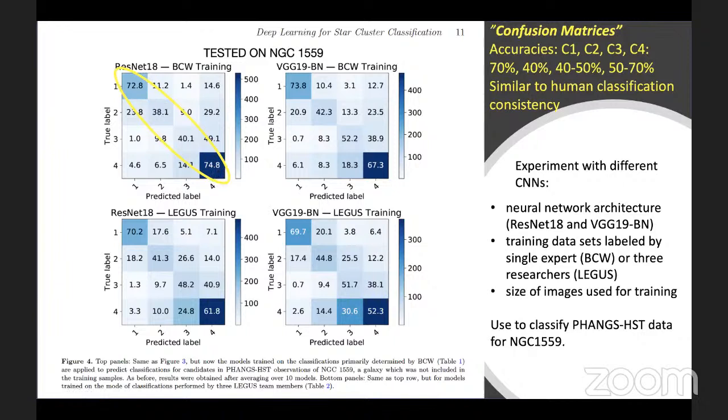The punchline here is that we can predict the classifications to the class 1 symmetric single peak clusters with the highest accuracy, about 70%, with the remaining classes at about 40 to 50%, up to 70% levels for the artifacts. And now while these accuracies may seem low, they're actually similar to the consistency in human classifications. So in principle, we can use them, but with great care, to automate the classification and again, to expedite science.